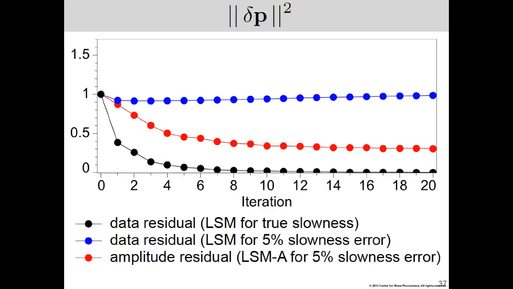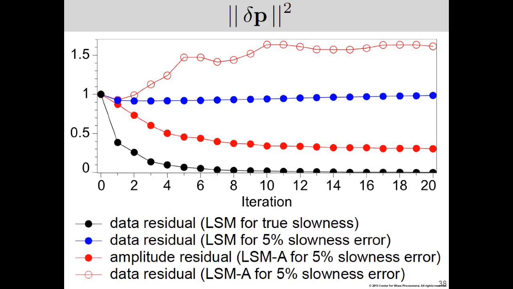The red curve shows the amplitude residual for LSMA for the incorrect background slowness. Remember, for the amplitude residual, we first need to shift the observed data before subtracting from the simulated data. And finally, this is the data residual for LSMA for the incorrect background slowness. What's important here is that this last curve is not used in LSMA.